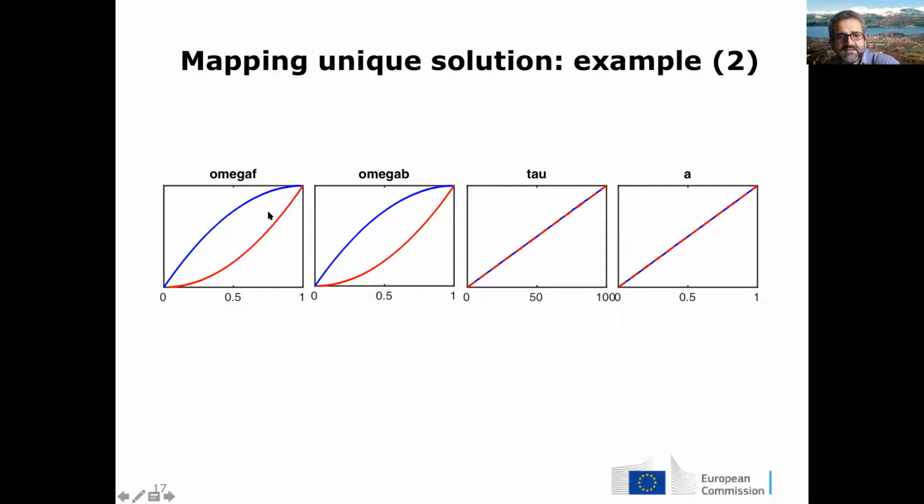Vice versa, there is a clear split between the two distributions for omega f and omega b. And what does this tell? Now we see that the behavioral lines are tilted towards the left, which says that if you want to try out some parameter combination to get a unique solution, you should lower the value of those two parameters.